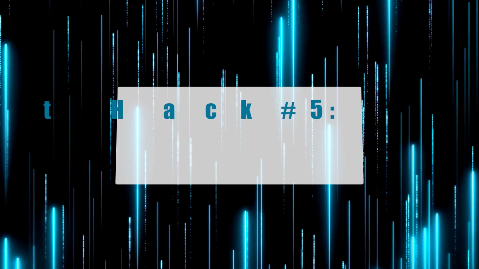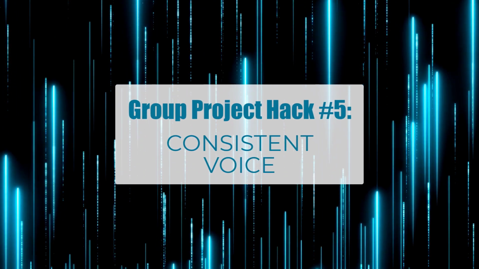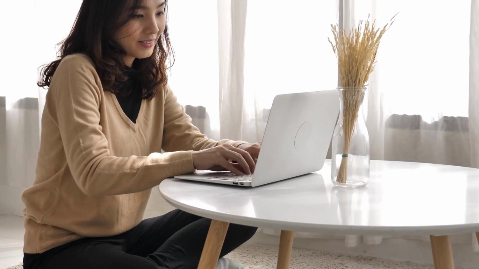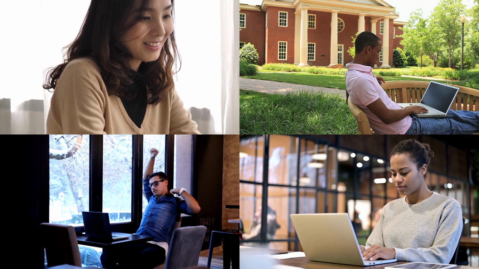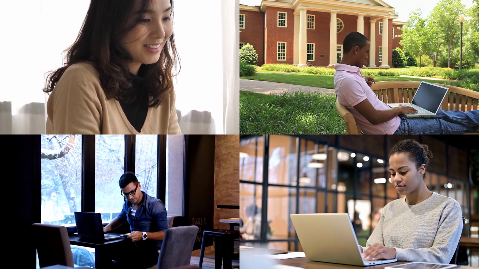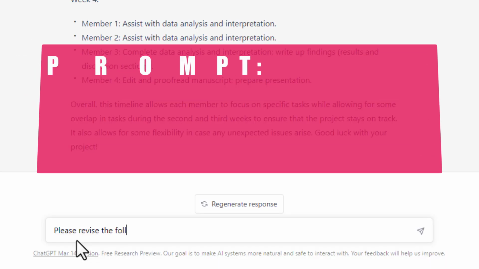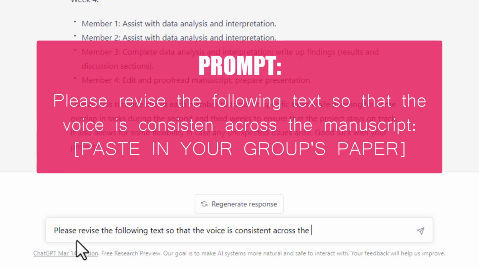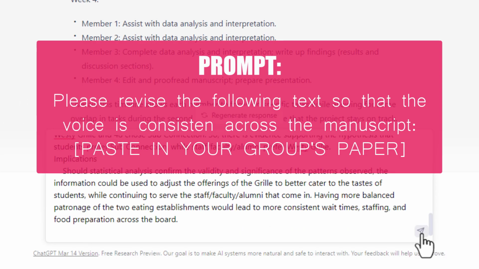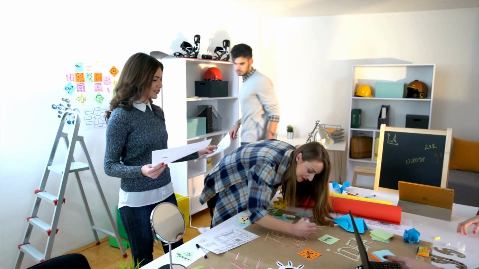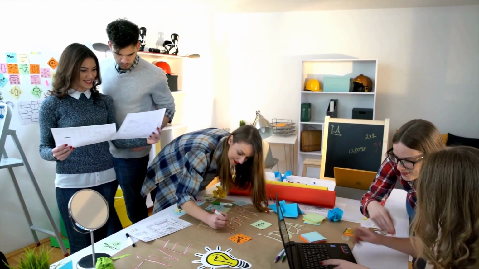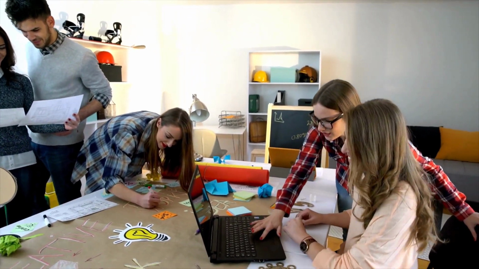Finally, number 5, making a pieced-together group project paper sound coherent. If yours is a project where each group member is writing a different section of a paper, it can get pretty choppy. Having several different writing styles thrown together can make it tough to follow what you're actually trying to say. By pasting in your pieced-together paper and asking ChatGPT to revise it to a consistent voice, you will retain all of the written work, but have a final product that is much more polished and more likely to earn that higher grade.